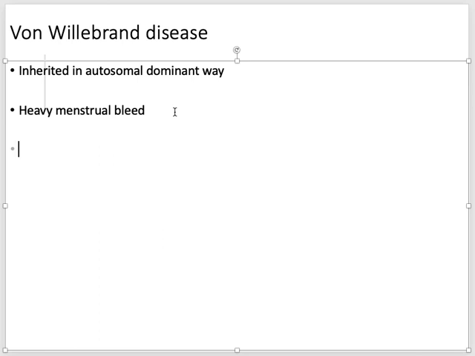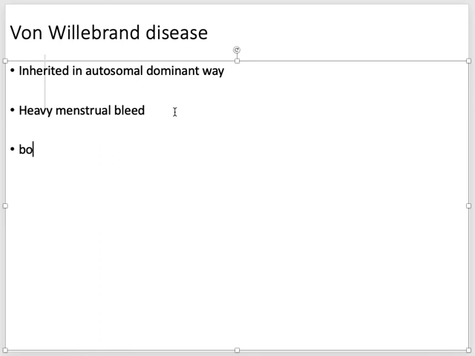So adhesion will not occur, aggregation will not occur. When these things do not occur, there is a problem with both the primary as well as the secondary hemostasis.